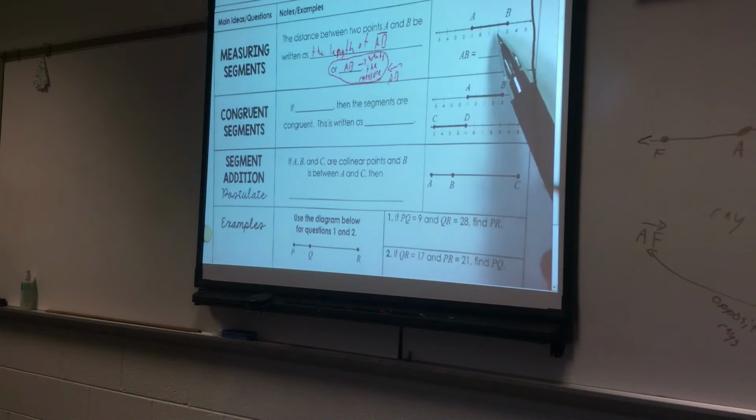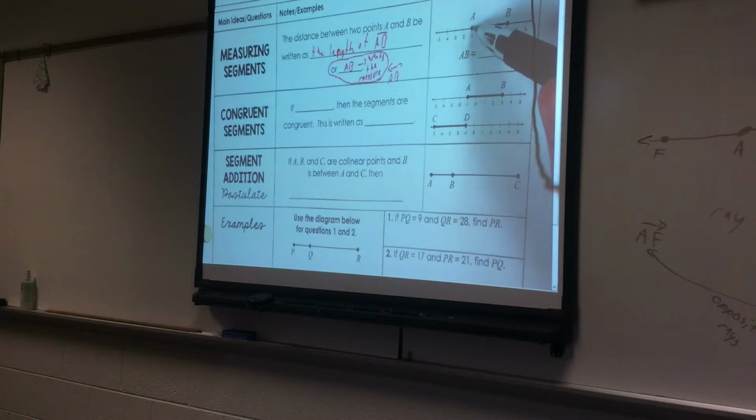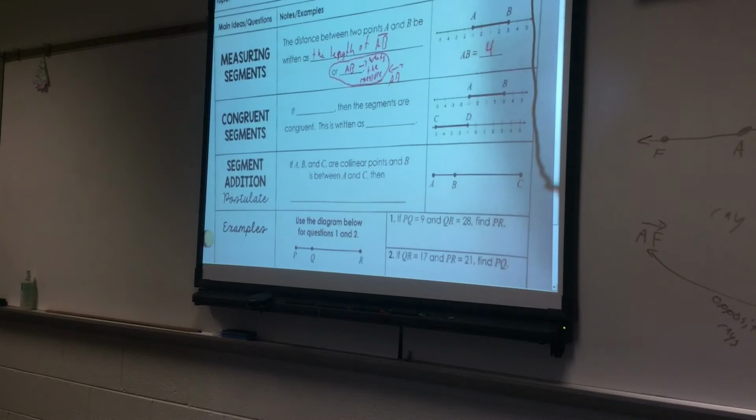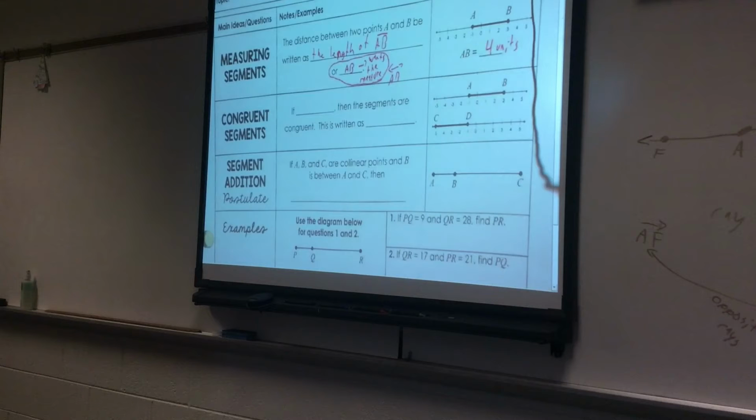If you're given this graph, all you have to do, unless it's really big, and it won't be, is count from one point to the other. So I start at A, 1, 2, 3, 4. That's 4, and it doesn't say centimeters or anything, so we'll say 4 units long. That's easy enough, right?